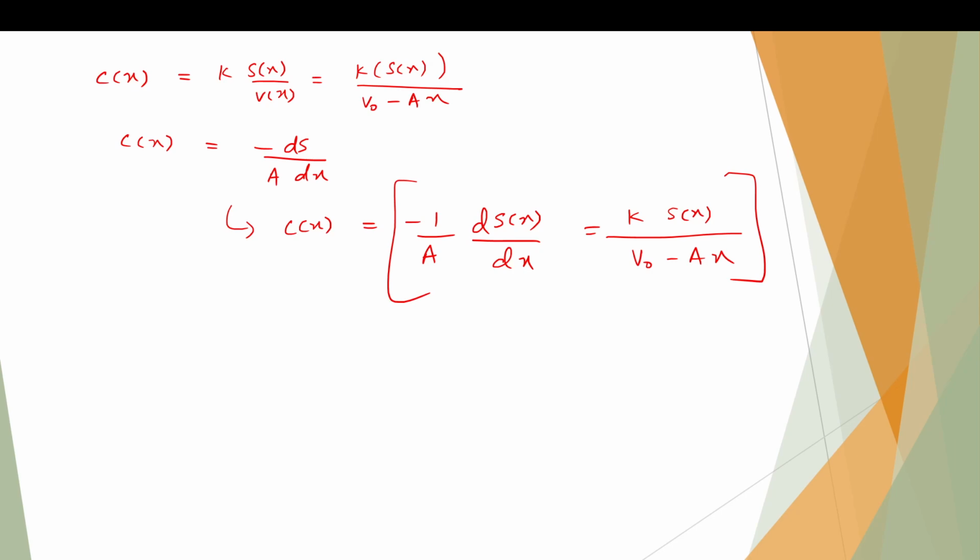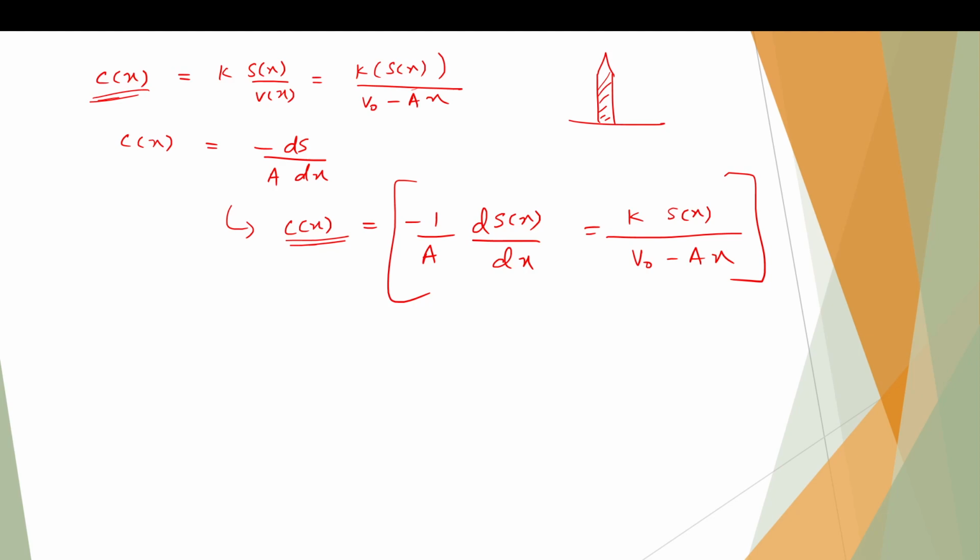Till now, is it okay? These are simple things, we are writing it in form of equations. The idea is we want to find this c of x. We know the relation between c of x and s of x. So c of x is concentration of impurities in the solid ingot, and s of x is the number of impurities in the melt.